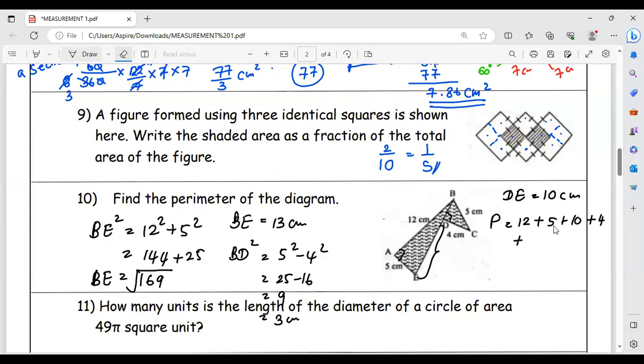Twelve plus 5, it's 17. 17 plus 10, it is 27. 27 plus 4, it is 31 plus 5, 36 centimeters.